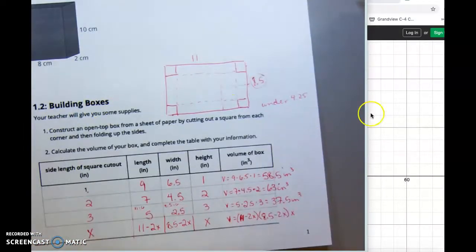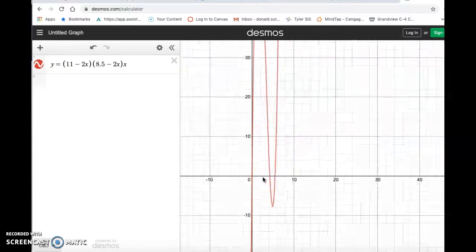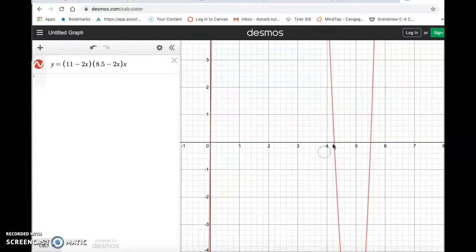But look at what happens here on our graph. We go up. Remember, the red line tells us about volume. When we come back down, we hit the x-axis again. Now, if that red line is telling us about volume, there comes a point where it goes negative. The amount that the box can hold can't go negative. That doesn't make sense. So anything past where it crashes at 0 right there doesn't make sense.